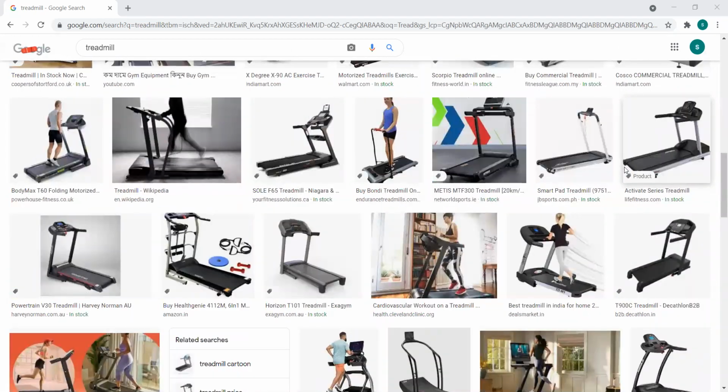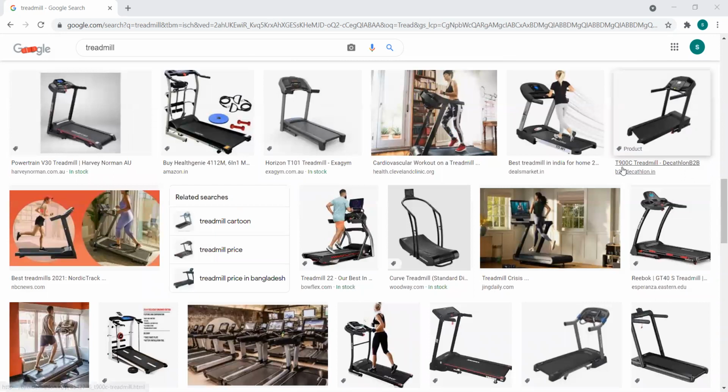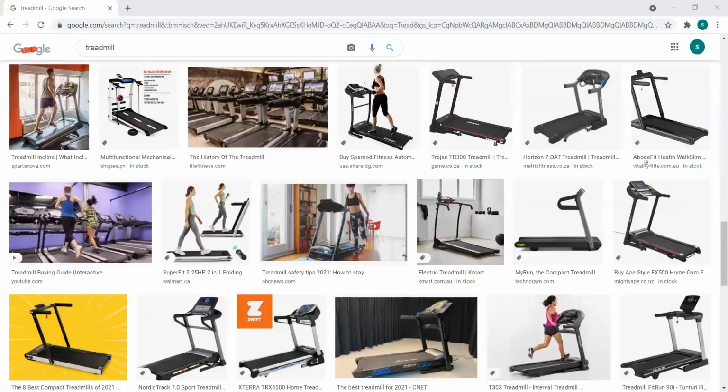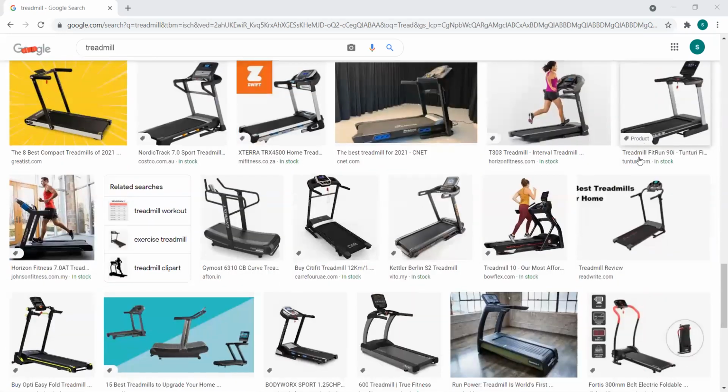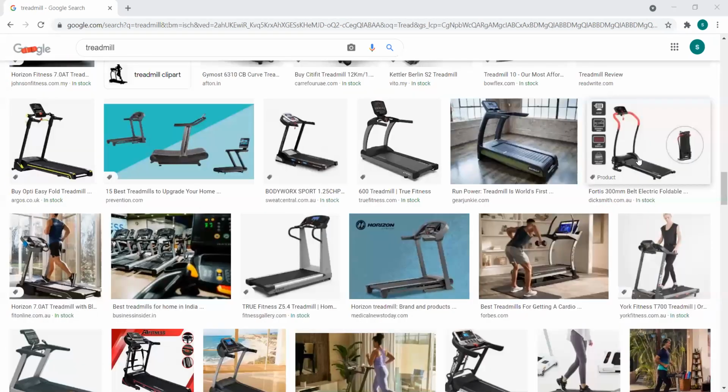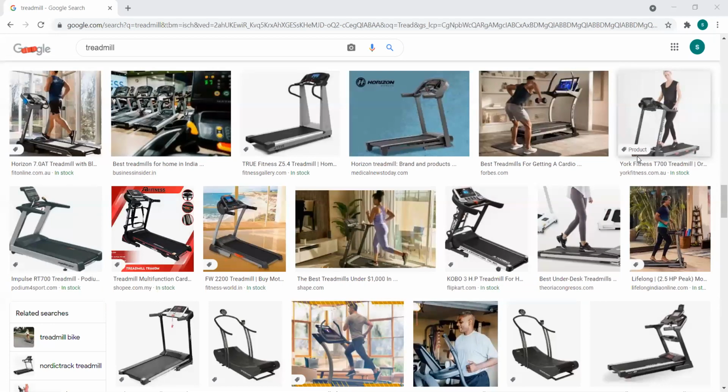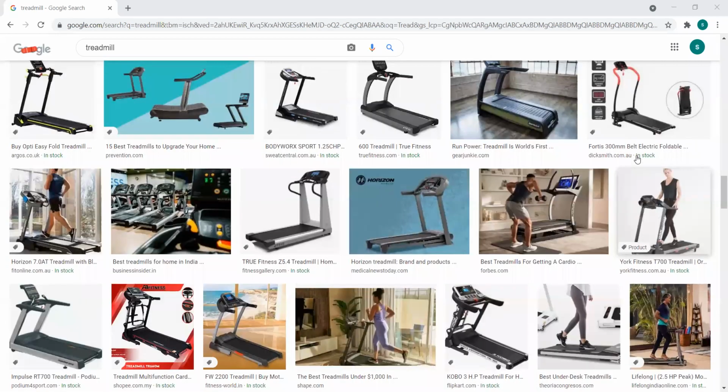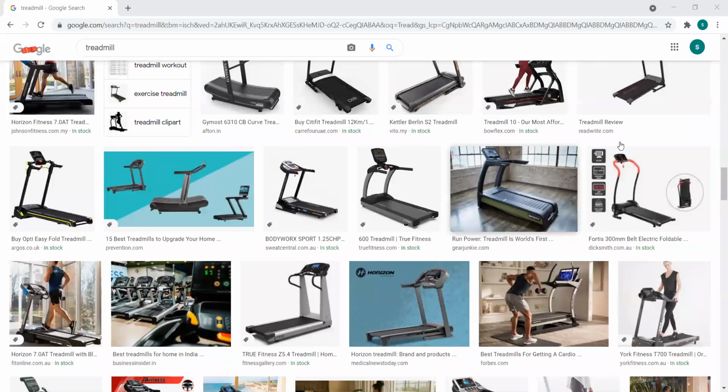Okay, this is the treadmill. Let me have a clear picture. Let me show in this picture.